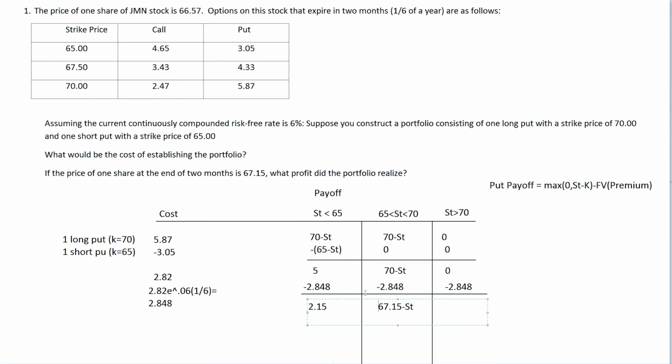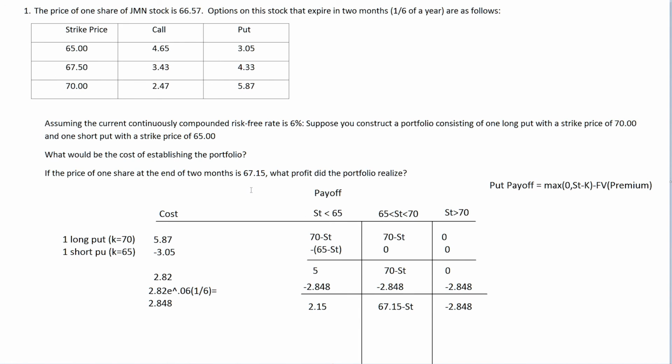And finally, in our final column, it would be just minus 2.848. We'd be losing out there. So that's going to be our basic profit payouts here.